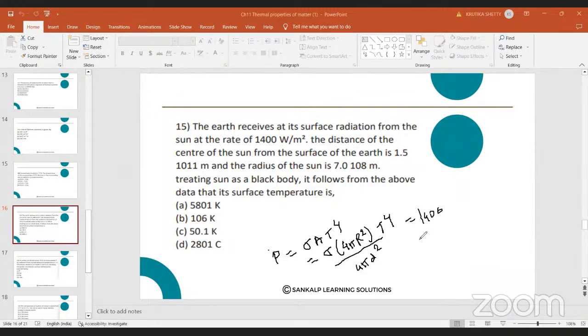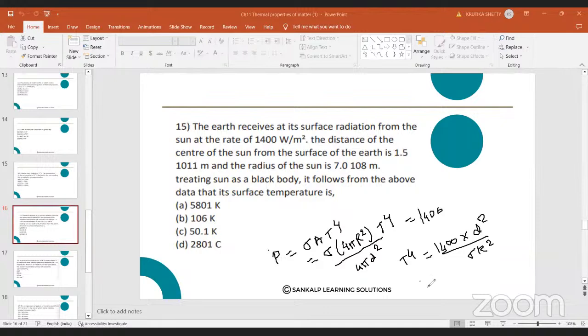We need T to the power 4. So if you simplify this, T to the power 4 is equal to 1400 into d square divided by sigma r square.